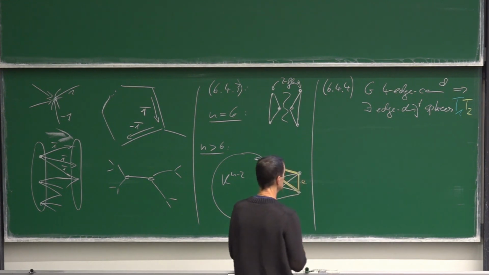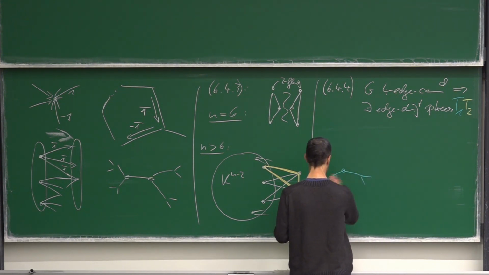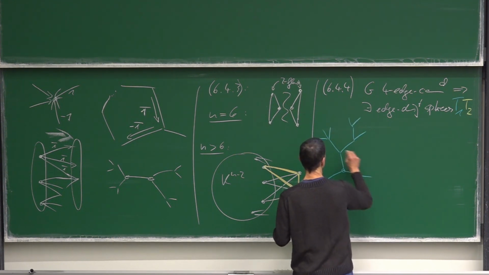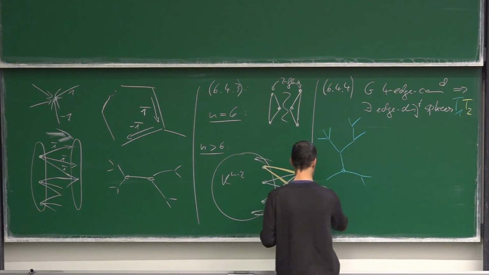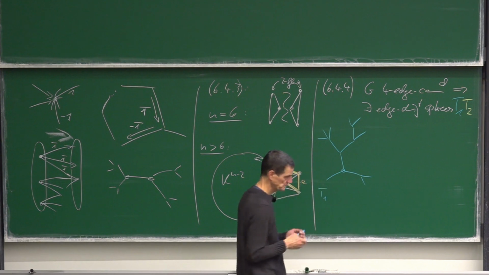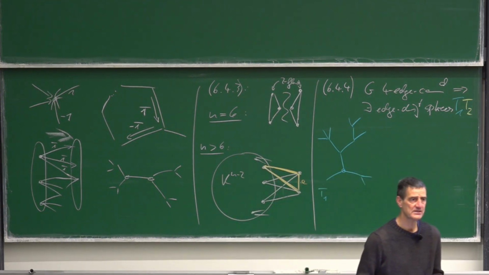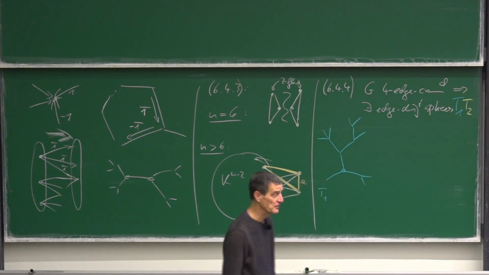Okay, so let's draw T1. Something like that, that's T1. And let's try and build up our Z4 flow.